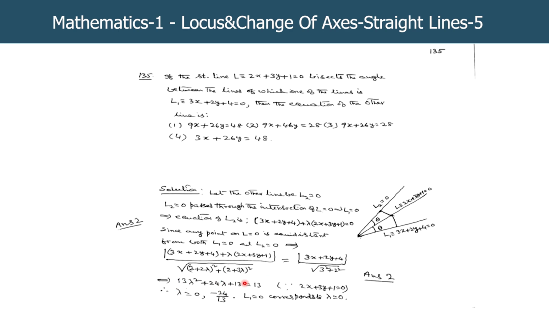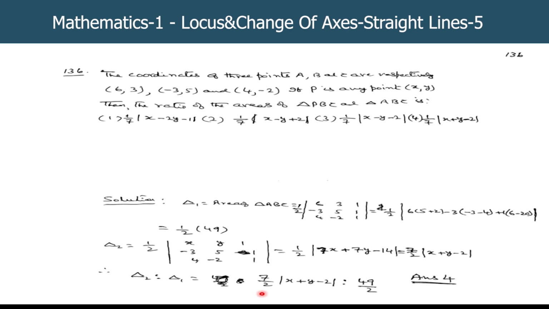So the line passes through origin because 13 will cancel. So, lambda is equal to 0 or minus 24 by 13. But lambda equal to 0 corresponds to one of the given lines. So, the other value, minus 24 by 13, gives the required line, which is nothing but option number 2.